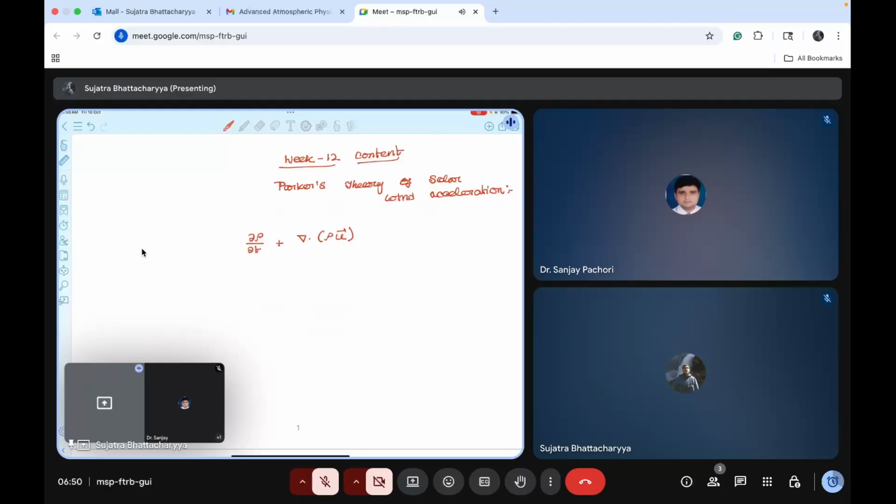You already have one of the derivations in the lecture notes. Follow it step by step and let me know if there is a problem. This is the continuity equation, which we have discussed for atmospheric physics also. Next is the momentum equation. This is how the momentum equation can be written.